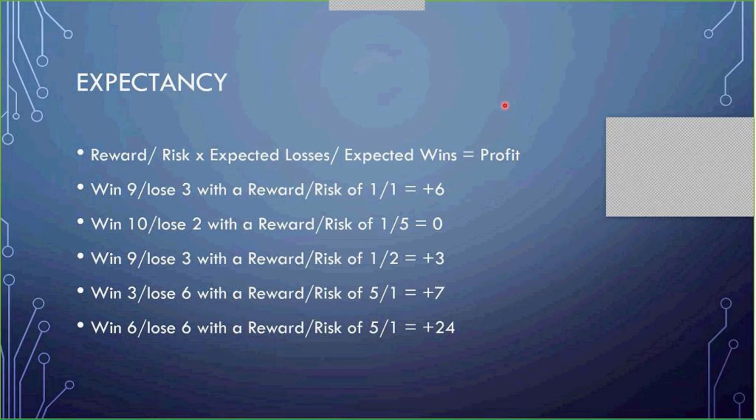Well, the reason why they lose over time is because they're letting it draw down too far, or they're taking bigger losses than winning, or they're not letting it move and breathe as much as it's supposed to within the trade.